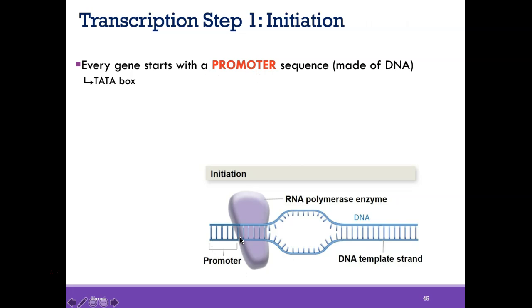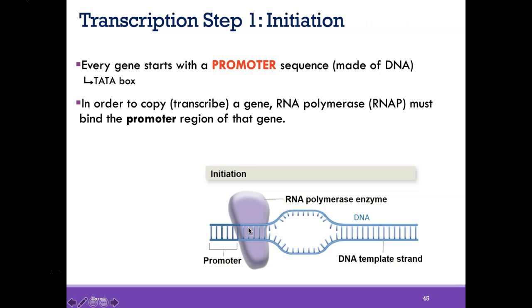The promoter is the start to every gene. So only the template strand of a gene will have the promoter. And that's where RNA polymerase recognizes the start of a gene. So in order to transcribe a gene, RNA polymerase must bind the promoter of that gene.